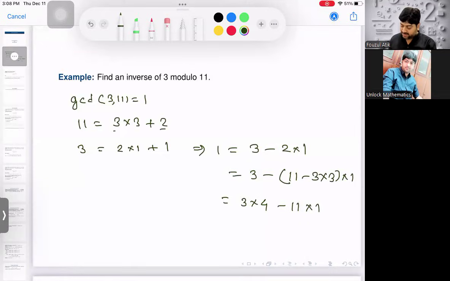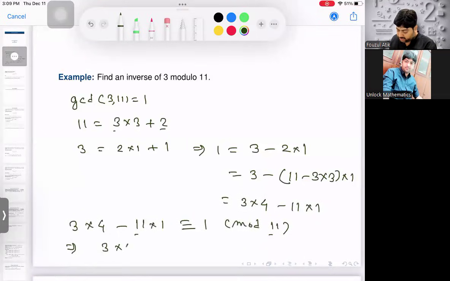Right? And then from there, I can get that 3 into 4 minus 11 into 1 is congruent to 1 modulo 11. Why? Because this value is 0 modulo 11, since there is a factor of 11 here. So I can certainly write from there that 3 into 4 is congruent to 1 modulo 11.